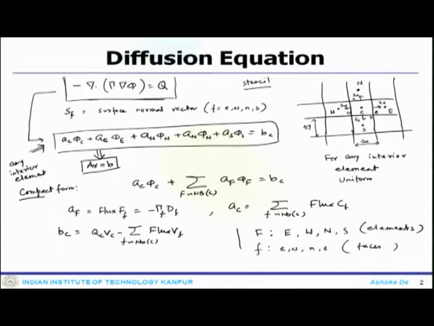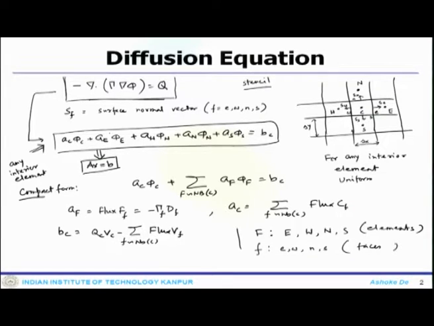So, what happens when we apply the boundary condition? Essentially this is the governing equation. This is valid for all the interior elements, but when it comes down to the boundary element or the face at the boundary, this particular equation needs to be modified. For example, when we have a boundary at the east face, the contribution for this cell drops down.